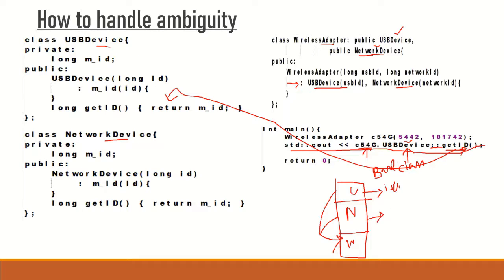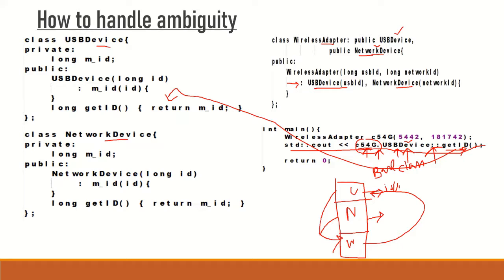So by writing it this way, derived class object dot, from which base class you want to access the function, mention the name of the class followed by the scope resolution operator, and then the function you want to call. Here it is specifying USB device, so that means the derived class object is going to call the function from the USB class.